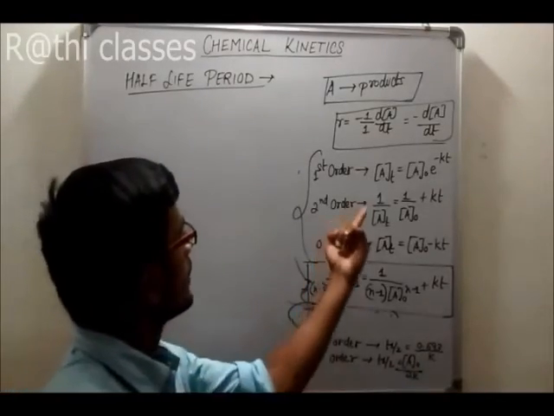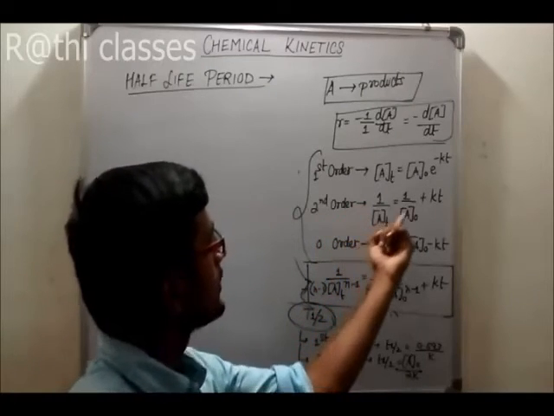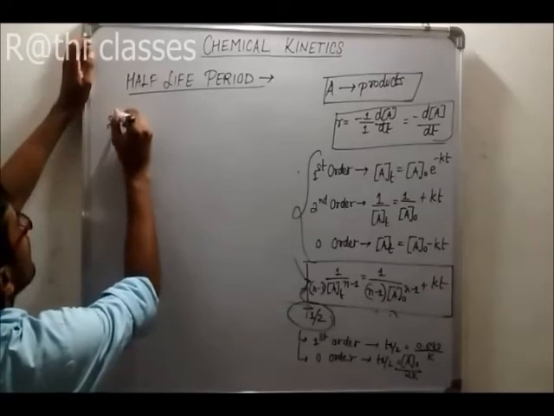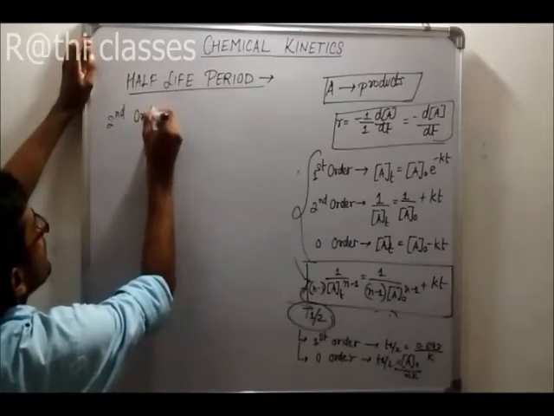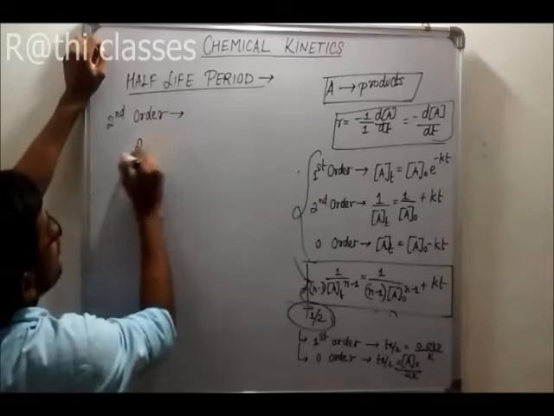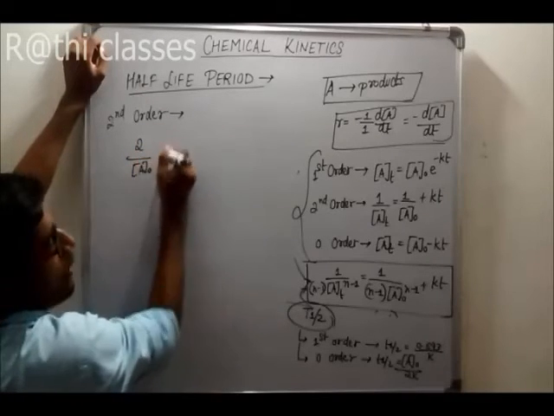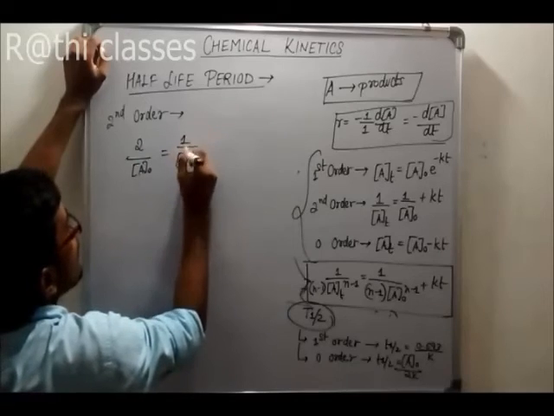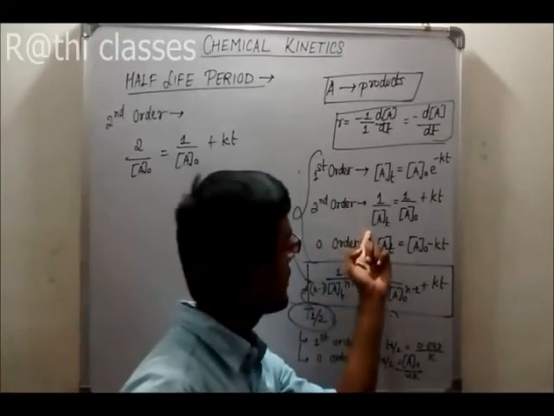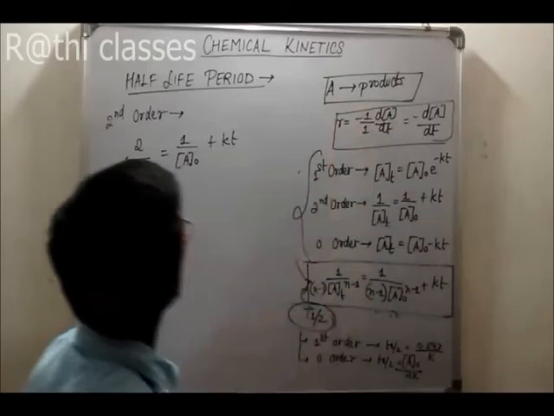Similarly, we replace AT by A naught by 2 here and T as T half. For second order, I can write 2 upon A naught is equal to 1 upon A naught plus KT. I replace AT by A naught by 2, so 2 goes upside.